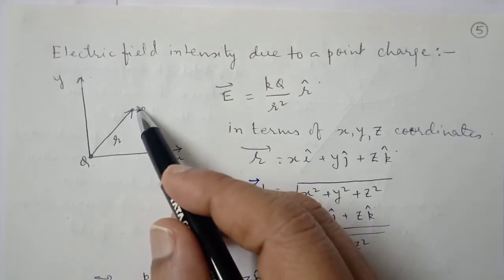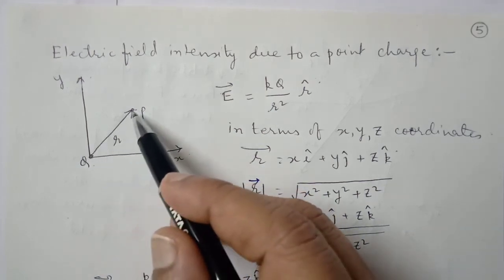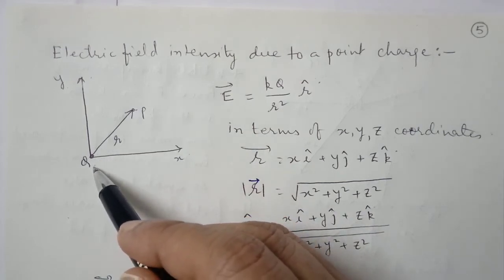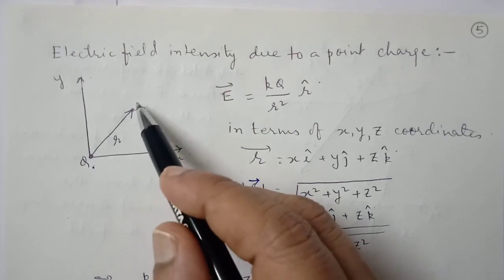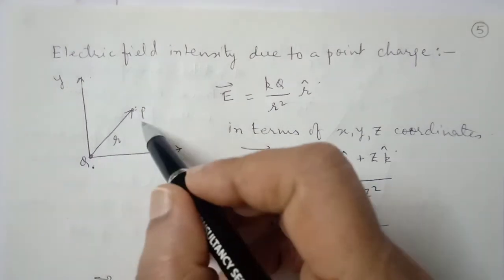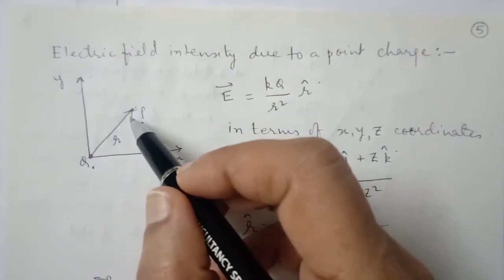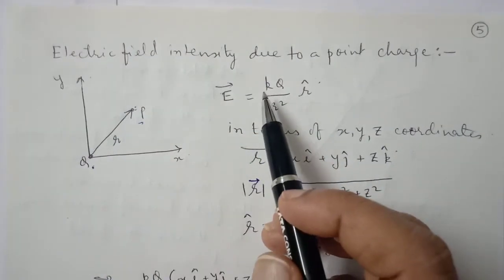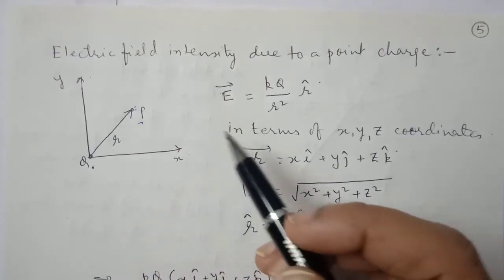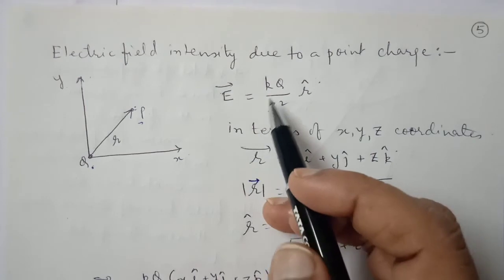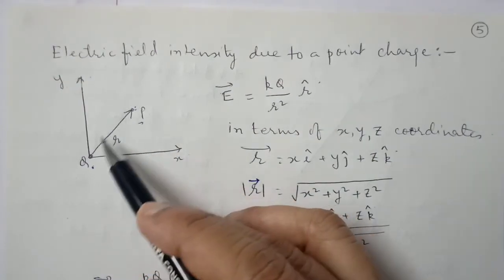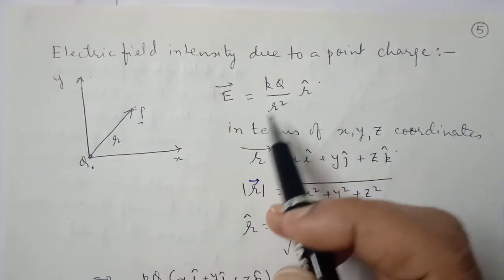We want to find out the field at point P, which has position vector R. Capital Q charge will have the field at this point given the direction like this. Hence, I can say it is KQ. I will further elaborate why this direction a little later. KQ upon R square, and direction will be given by this direction only, R cap.